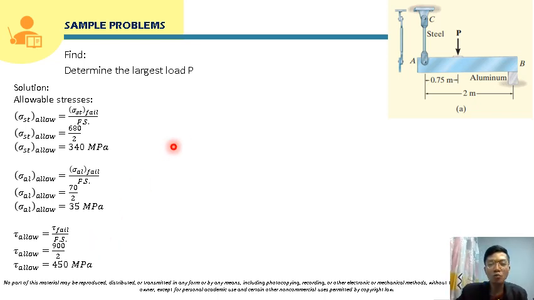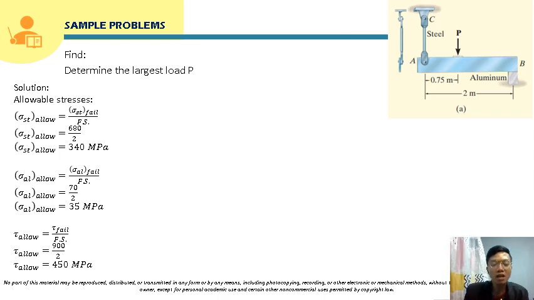So we are going to solve for the value of P using each allowable stress. After we solve for the value of P using each allowable stress here, we are going to choose the smallest value of P. I will explain later on why the smallest value of P will be chosen.